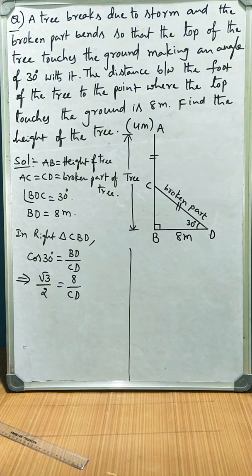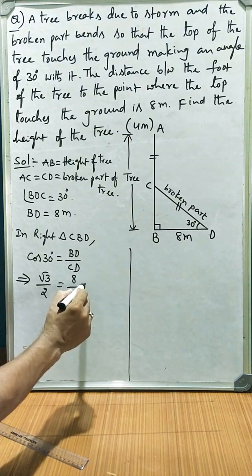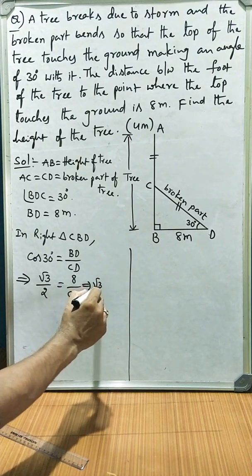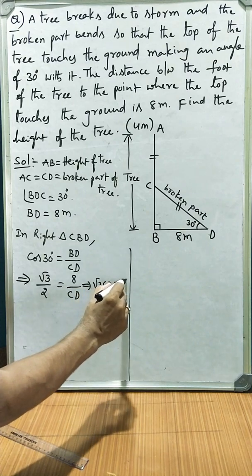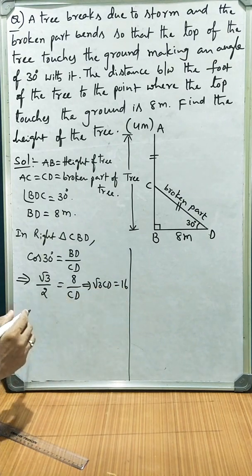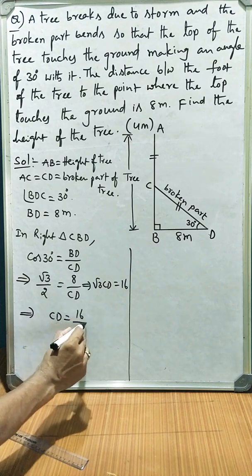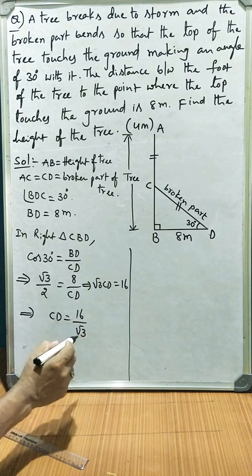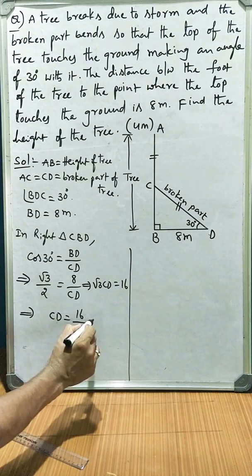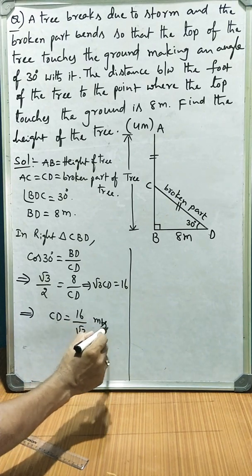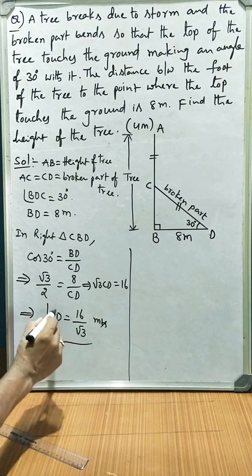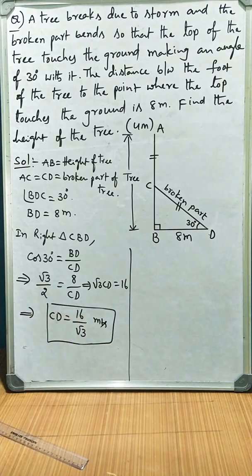So do cross multiplication. Root 3 times CD is equal to 16, which implies CD is equal to 16 by root 3 meters. Let it be one result. That means the length of the broken part is 16 by root 3 meters.